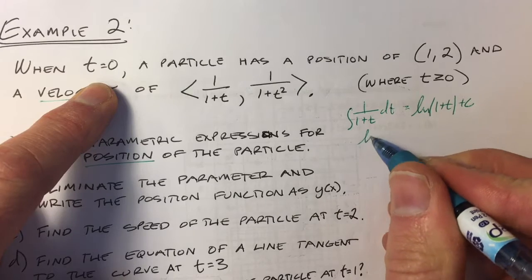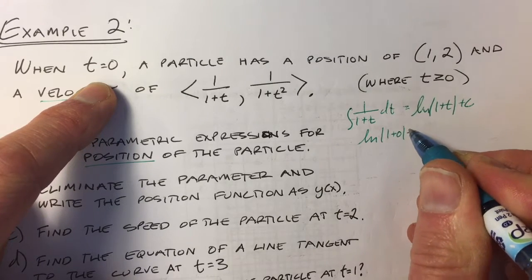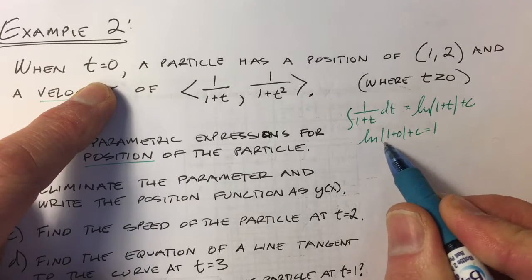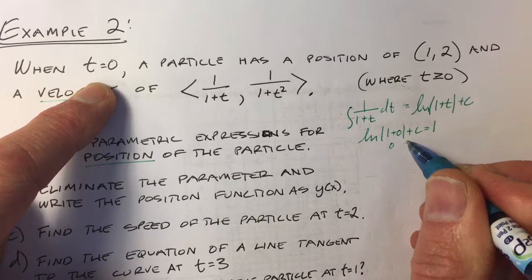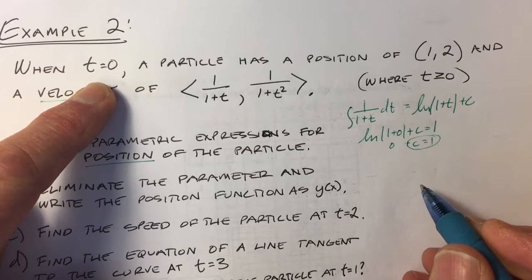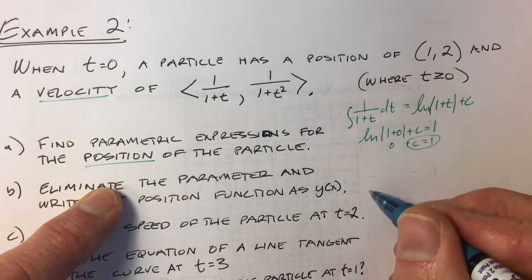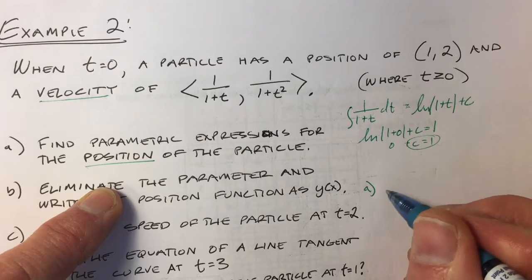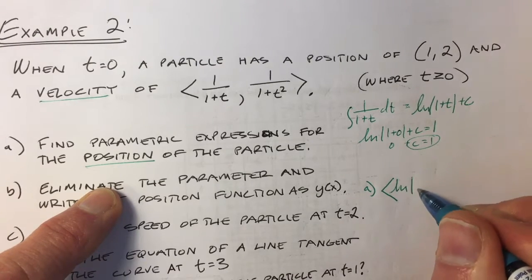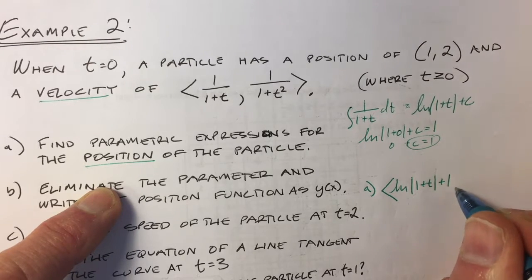So the ln of 1 plus 0 plus c equals 1. Well, the ln of 1 is 0. 0 plus c equals 1, so c equals 1. So the parametric expression, I guess I can kind of sneak this in here. My answer for A is going to start off being ln of 1 plus t, plus 1.